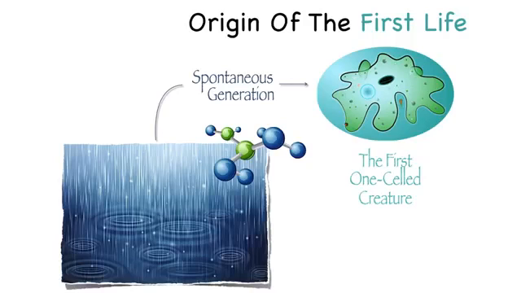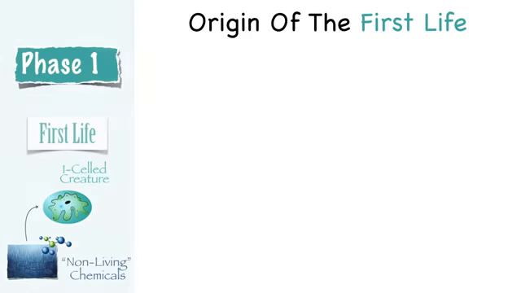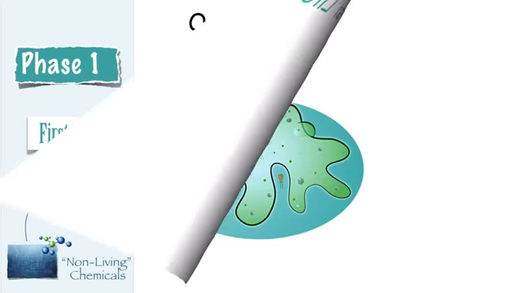Once there was no life, and then poof, there was life. Nature, natural laws, we're told, created this first life all by itself with no intelligent intervention. God was not involved. Now, for illustration purposes, we'll move all of this over here to the left side so we can label this process first life and phase 1. Again, the first of 2 phases.